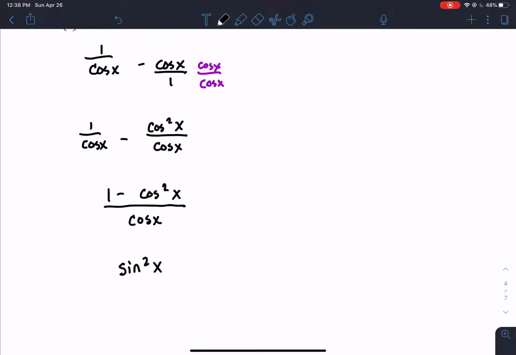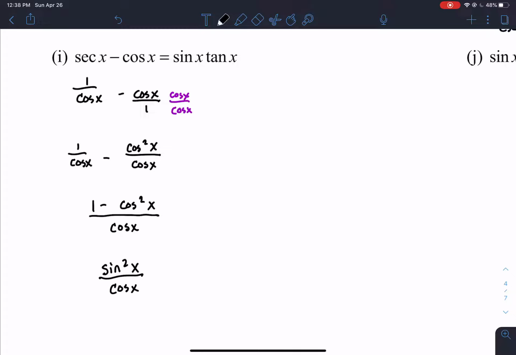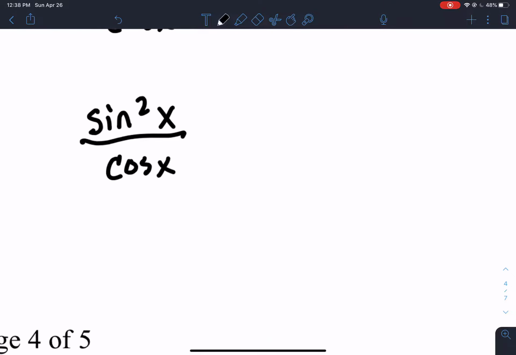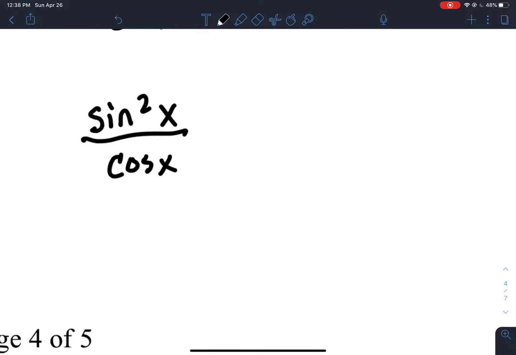Okay, now if you look at what we have, we have sine of x times tangent of x. What's another way we can write sine squared, right? If we expanded that out, that's really sine of x times sine of x over cosine, okay?